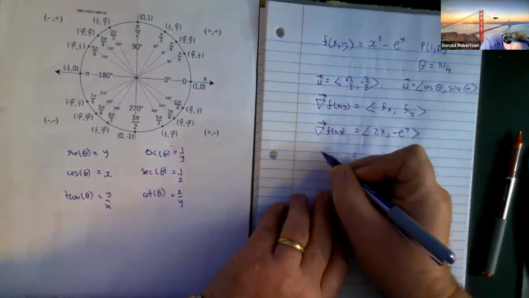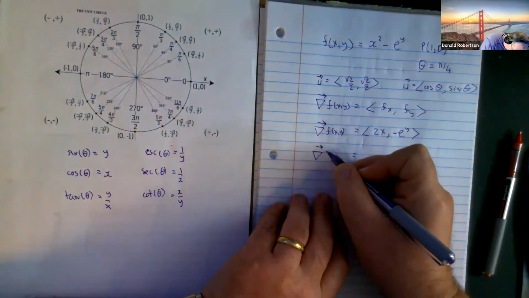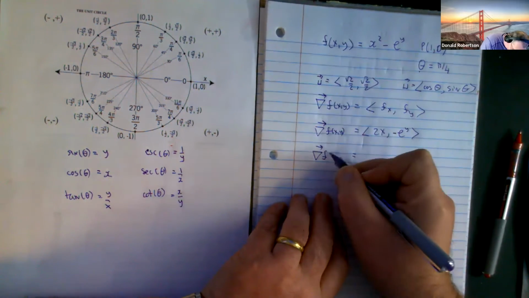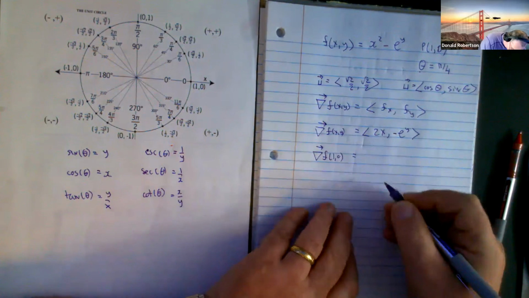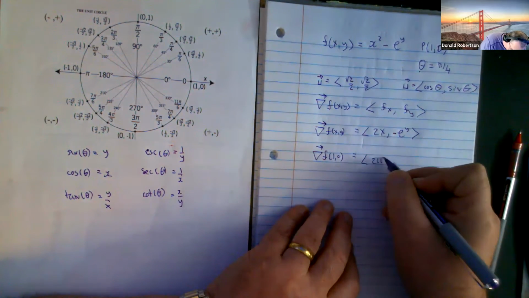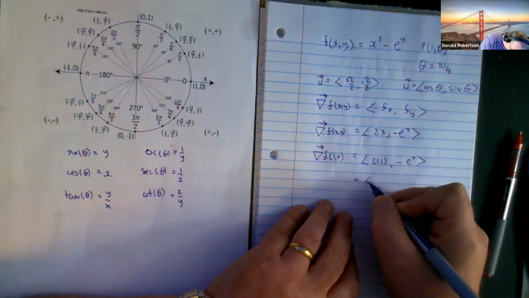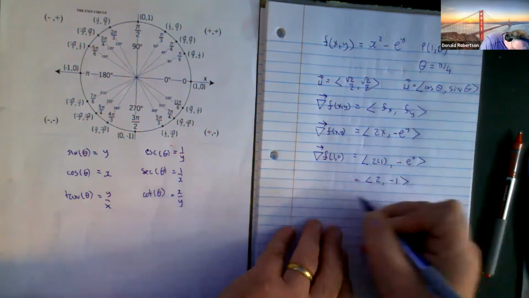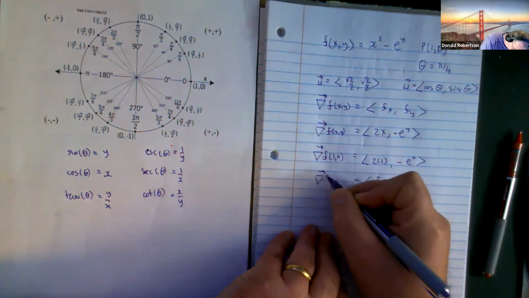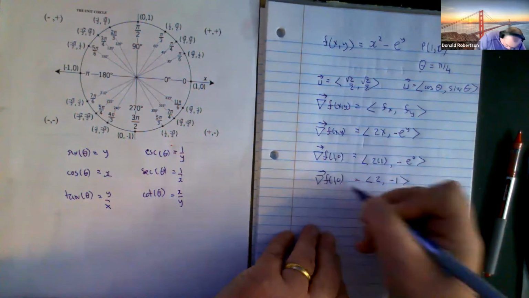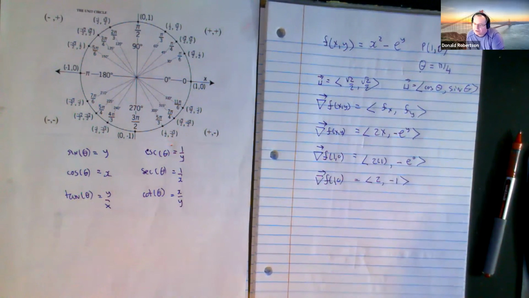And we need to find the value of it at the given point that we're interested in, in this case 1, 0. So that's 2 lots of 1 comma minus e to the 0, so that ends up being 2 comma negative 1. We're all comfortable with what we did yesterday?